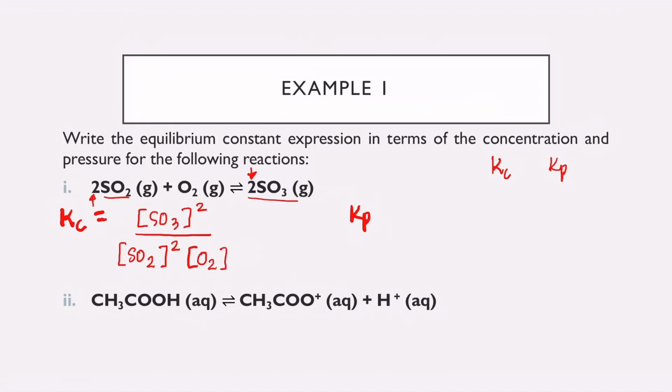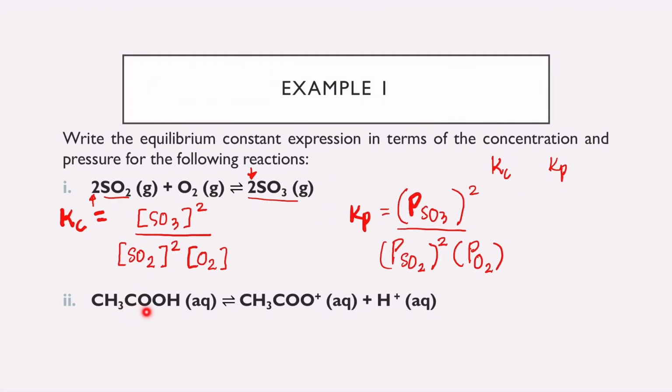Okay, how about Kp? You're going to write the partial pressure. So partial pressure of SO3, squared, over partial pressure of SO2 squared, and then partial pressure of oxygen. Okay, so that's the expression for this reaction. Second reaction, you have homogeneous equilibrium in aqueous phase.